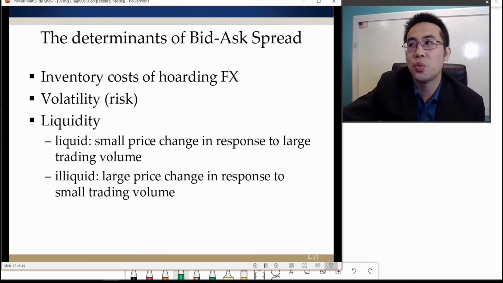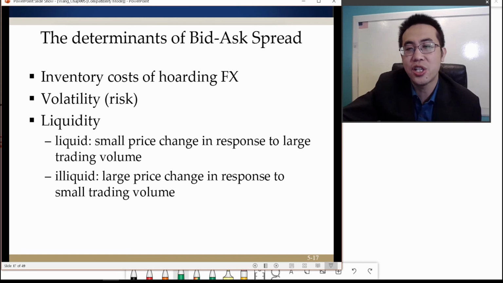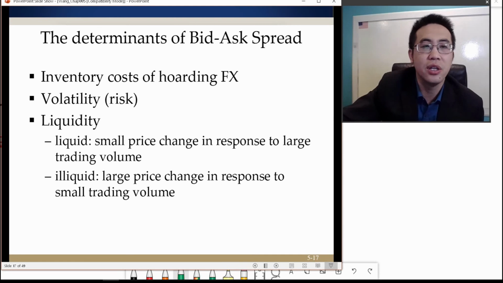That means the price would change unfavorably when the trading volume increases, so they just don't want to hold bad currencies, so to speak. The bankers, the dealers don't want to hold bad currencies. If they want to provide that service, they would charge you more money.